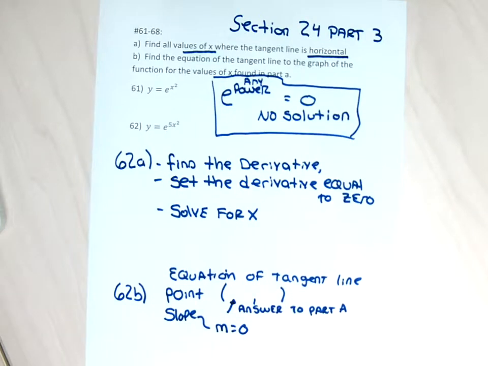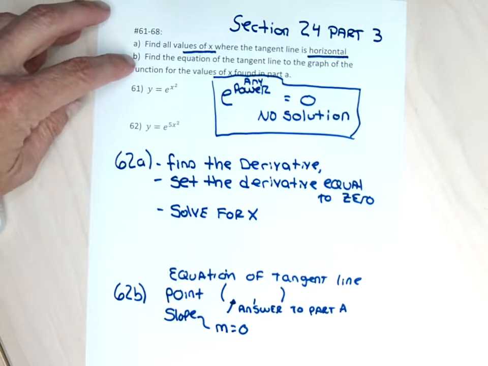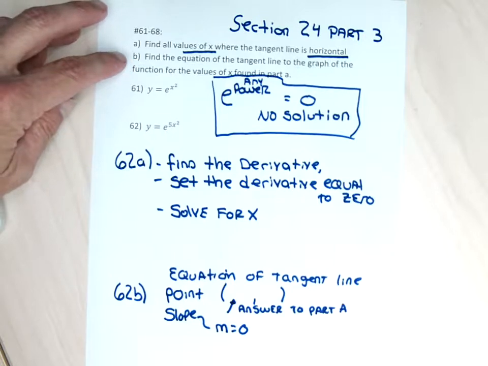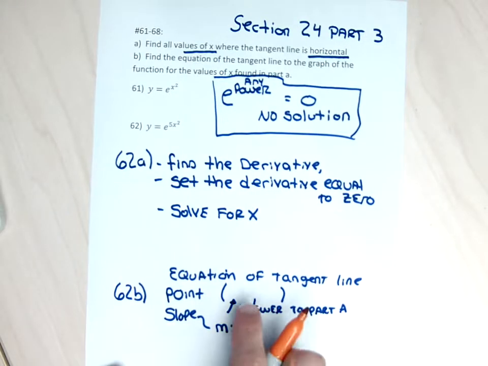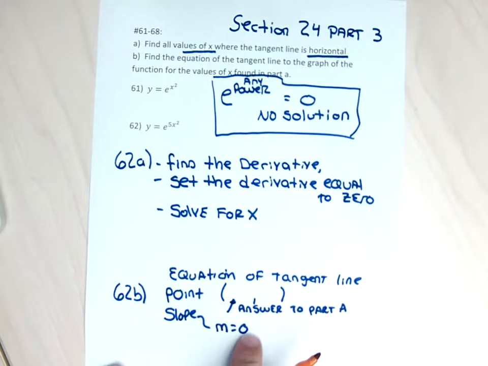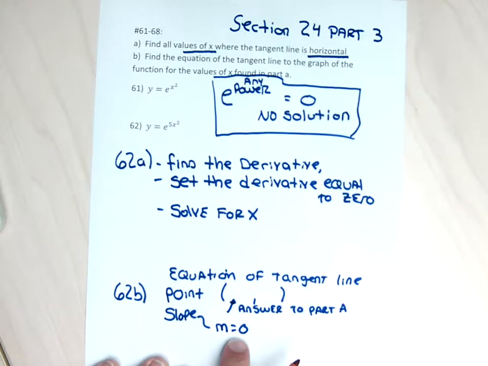And just like we did at the end of section 2.3, when I get down to part B to find the equation of a tangent line, I'm going to have to do one more step to be able to have the full point. To find an equation for a line, you need an x and a y coordinate of a point, and you need a slope. Because the tangent line is horizontal, the slope is 0. The value of x that I get in part A is the x coordinate of the point.